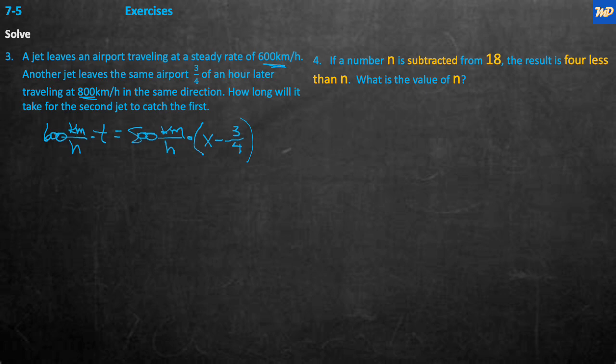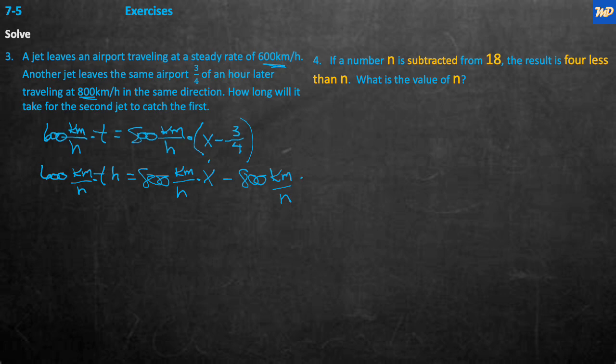So now when we extend this, we have 600 km per hour times t. I could say t hours. Equals 800 km per hour times t minus 800 km per hour times 3/4.